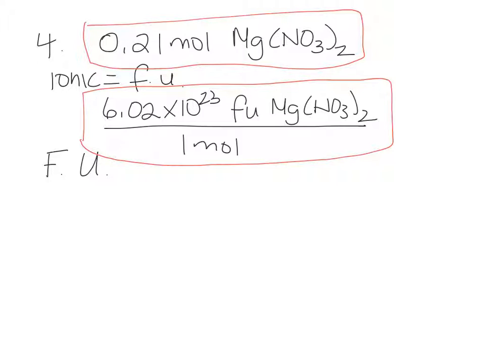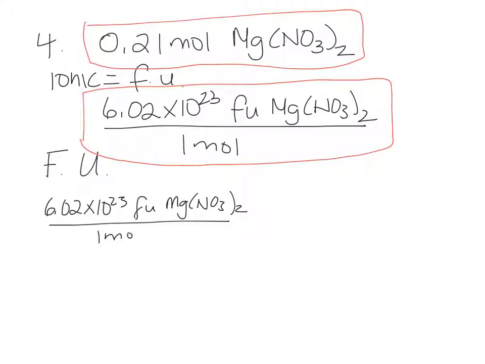So the very first thing you write down for dimensional analysis is the piece of information that has the unit that you want in the top. So, don't write this down yet. 6.02 times 10 to the 23 formula units of magnesium nitrate per 1 mole.